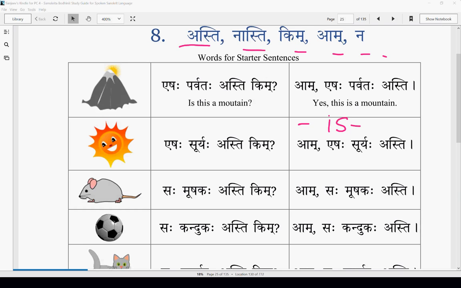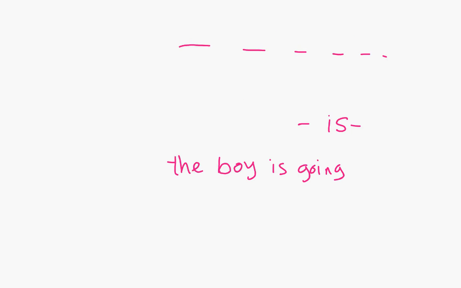For example, when we say the boy is going to school, the boy is going to school.